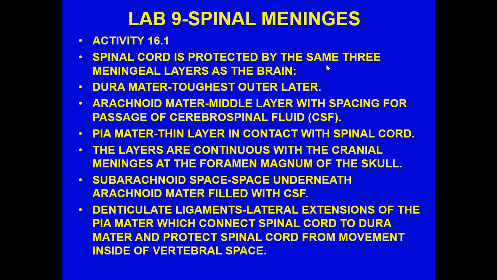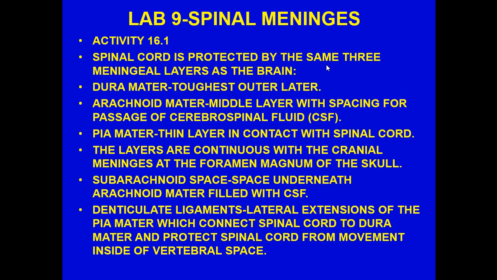You also have what are called denticulate ligaments. Now, let me explain denticulate ligaments. The spinal cord does not fill from edge to edge the vertebral foramen that exists on each individual vertebra. There may actually be a small gap of space.